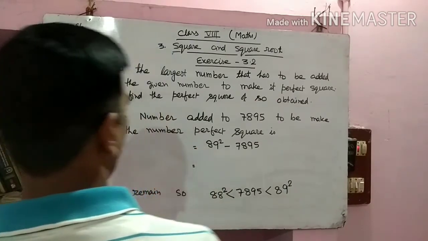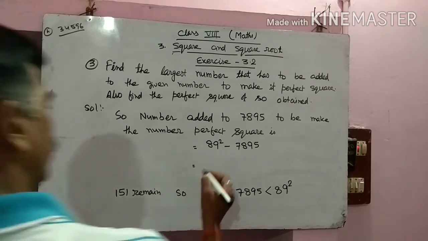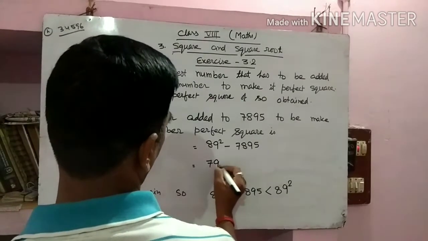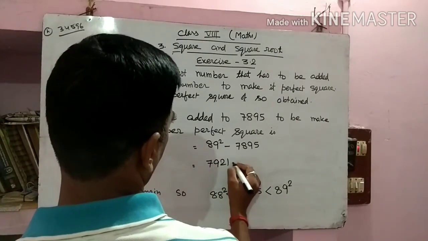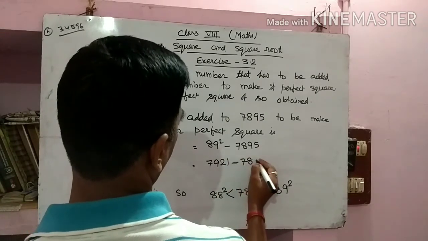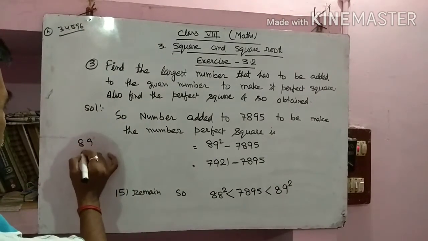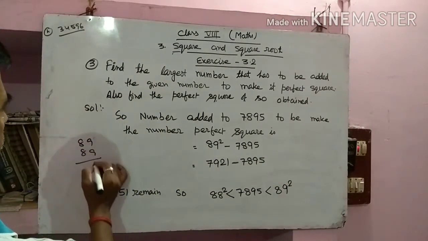If you multiply 89 into 89, you will get 7921. 7921 minus 7895. You can check that by multiplying 89 into 89.